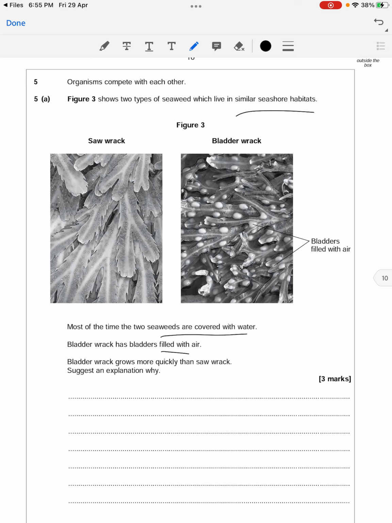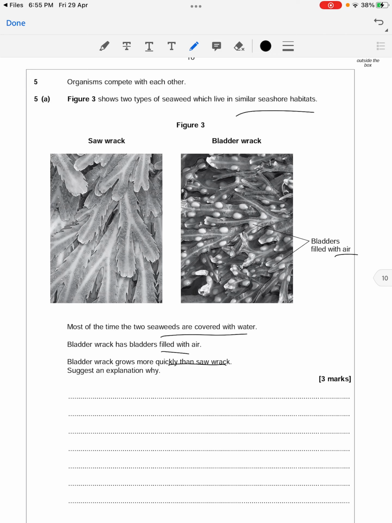Now the reason is we can look at the adaptations, right? So it's filled with air. Because it has air, it can get more light, because maybe the bladders are floating when the tide is there.